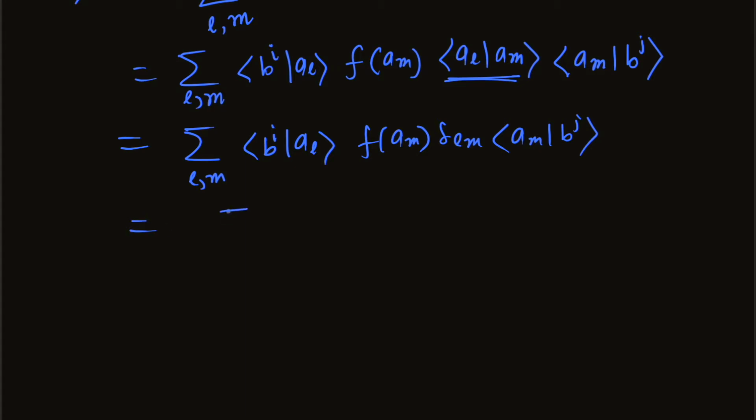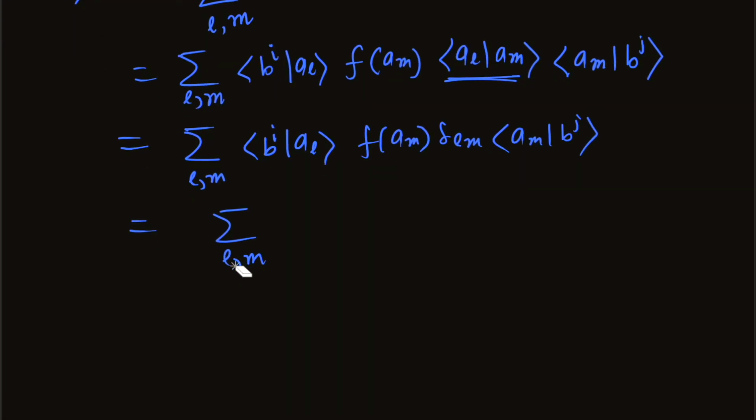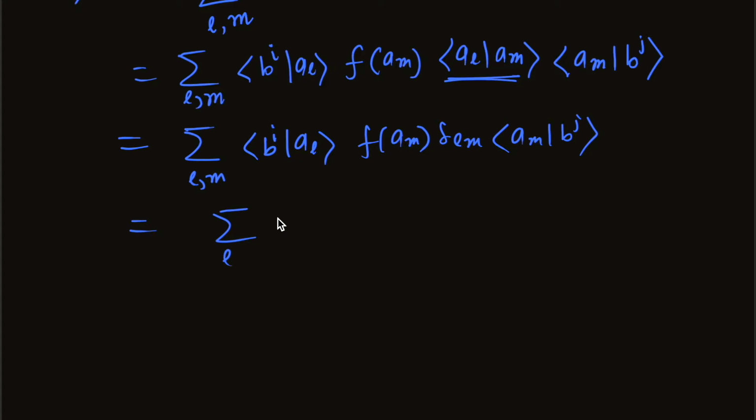So in this sum over l, m, one sum will be cancelled because of the delta function, it will be ⟨p_i|a_l⟩ f(a_l) ⟨a_l|p_j⟩.